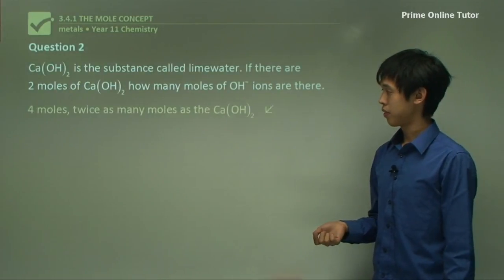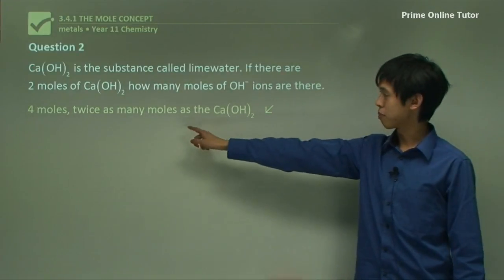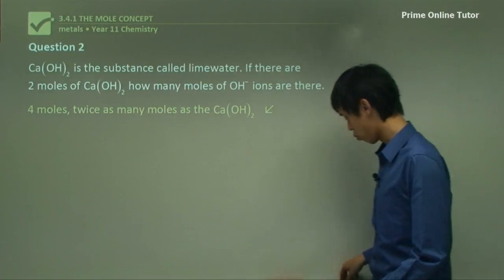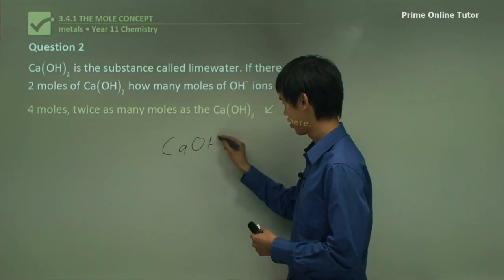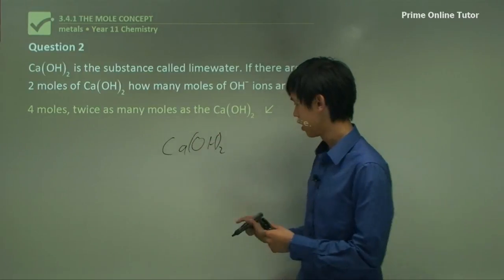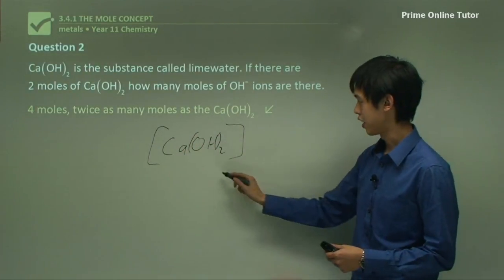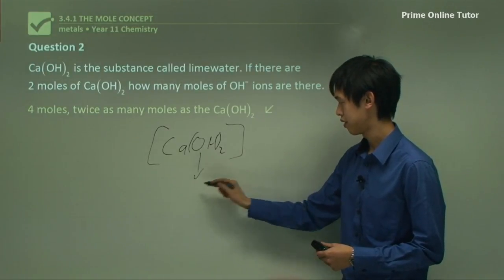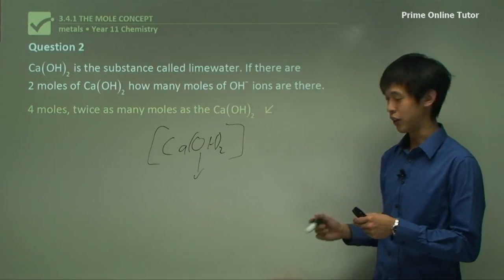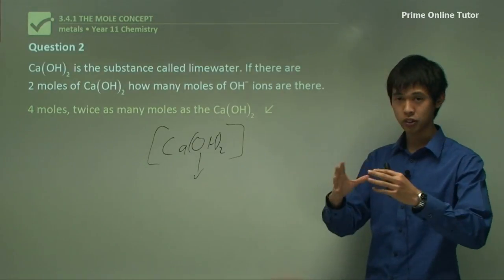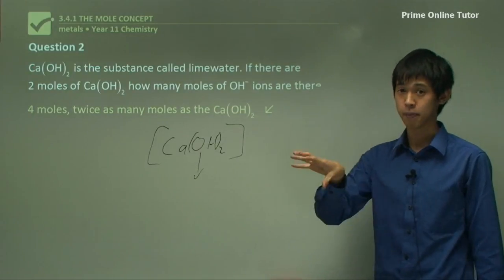So you can see that there are 4 moles, because from this equation here, for every 1, so let's write it, Ca(OH)2, for every 1 of these guys, there are 2 of these guys, right? You can see that, because there's a 2 here. So if we looked at each molecule of calcium hydroxide, we'd notice that there'd be 2 hydroxide ions in them.